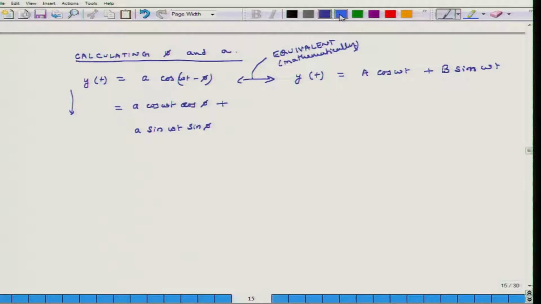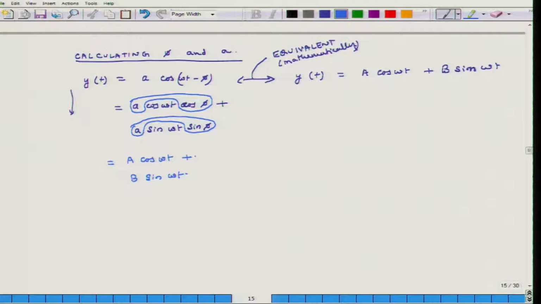Okay. Now, phi is a constant. So, A times cosine phi is a constant. Similarly, A times sine phi is a constant. So, this I can write as a cosine omega t plus b sine omega t. Okay.